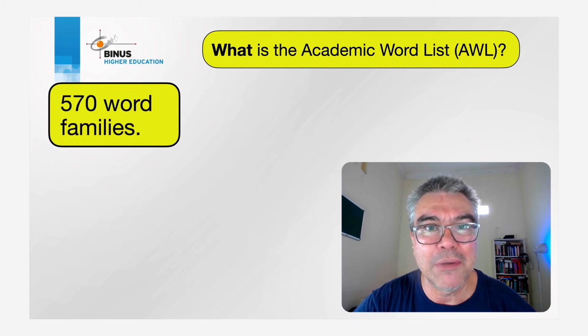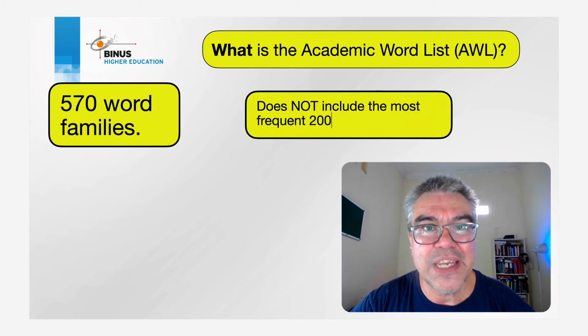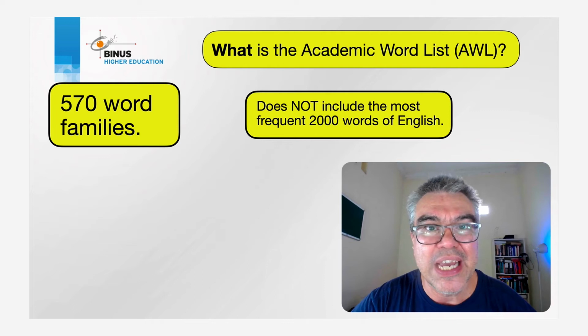I'll tell you about word families in a second. Please note that the academic word list does not include the first 2,000 common words in the English language. We are looking at words often used in academic English, so it has that specific topic and leaves out all of the general common words that are used.